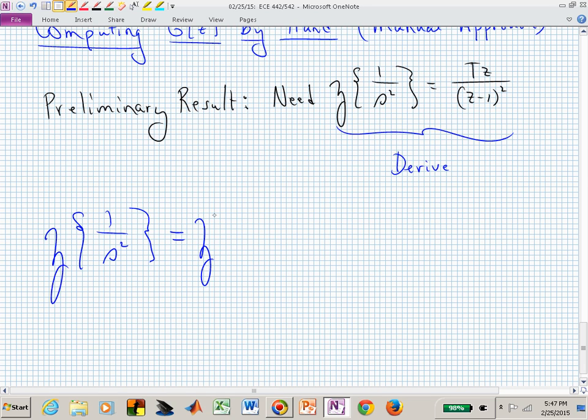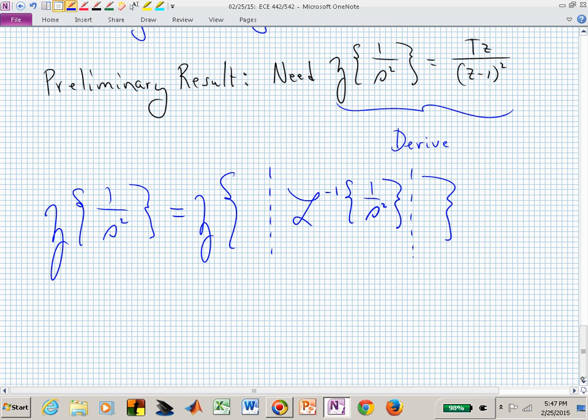What we are really doing is we are first inverse Laplace transforming 1 over s squared, then we sample it by replacing t with little n capital T, and then we z transform that discrete sequence of numbers.